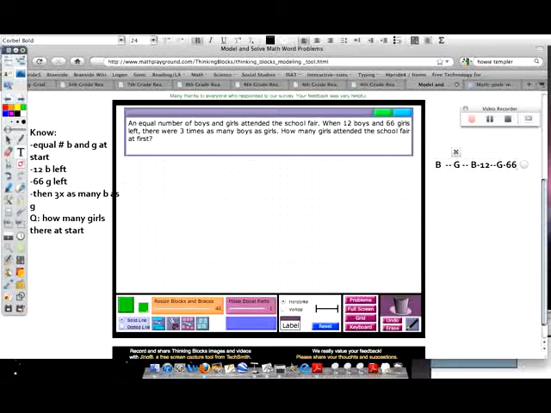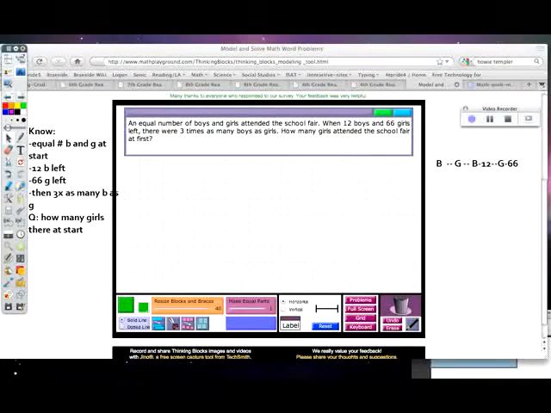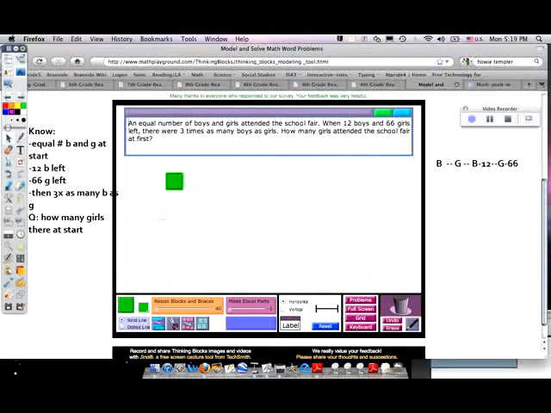But the trick to solving this problem is to think about it with the end in mind. What I mean by that is start with what you know. You know at the end, if we say this is your girls, I'll put a little label up here. Okay, we have our label. Let's say this is girls. Well, then boys at the end will be 3 times as many.